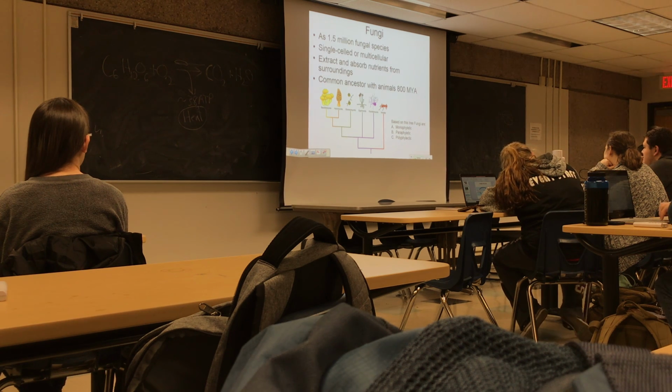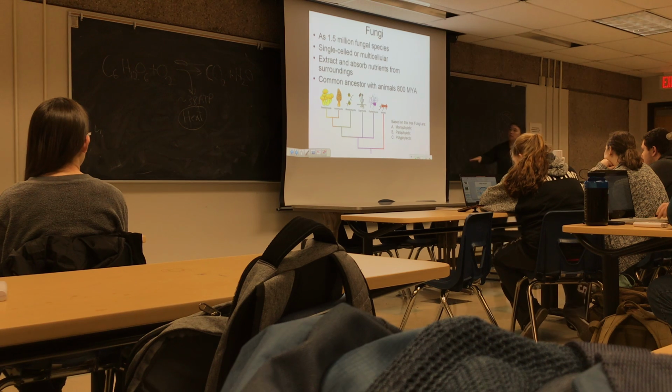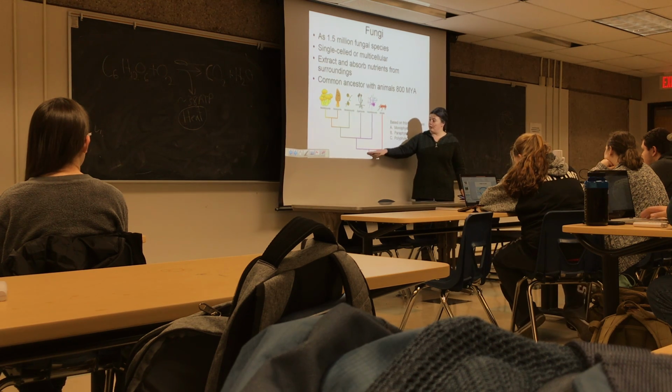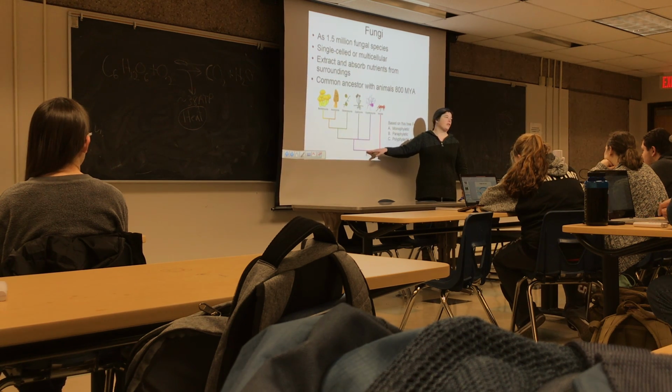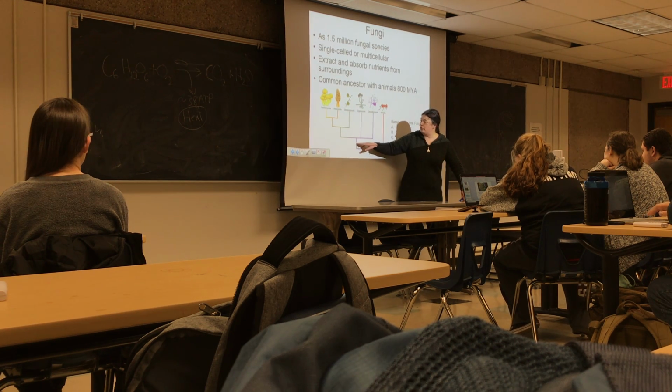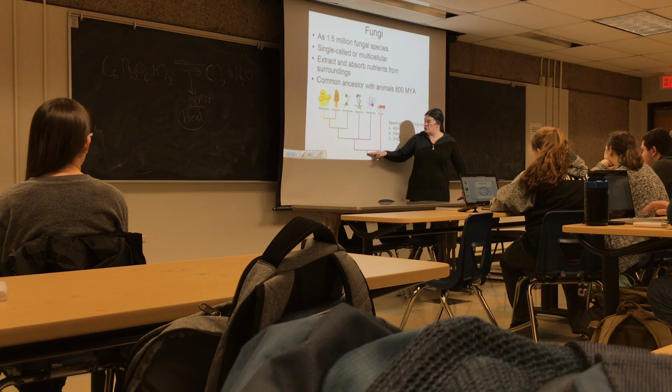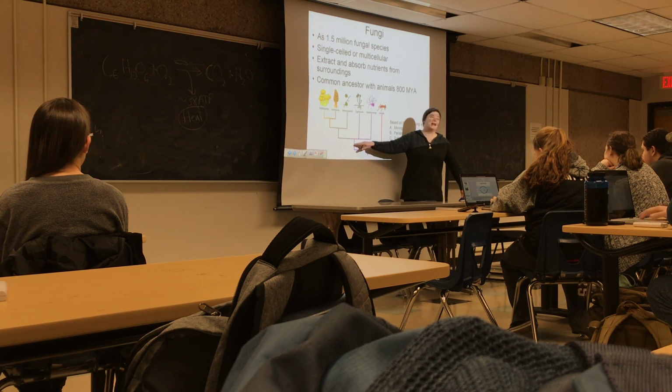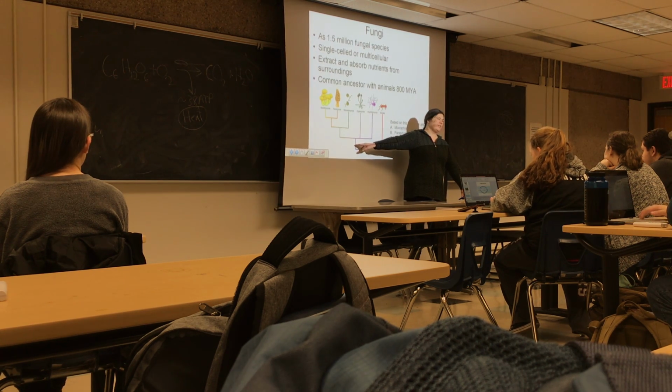A paraphyletic group contains the common ancestor and some, but not all, descendants of that ancestor. So if you called this ancestor a fungus, then it would be a paraphyletic group. But because we call this ancestor a fungus, but we don't call this ancestor a fungus, then it's a monophyletic group. That make sense?